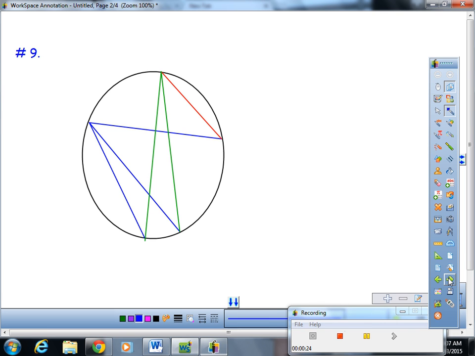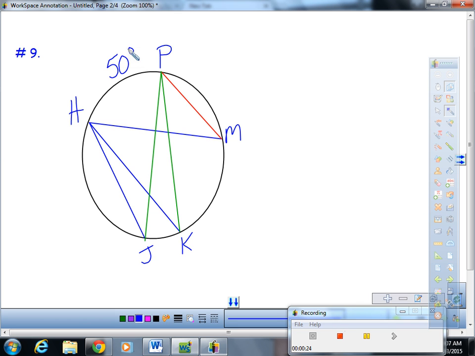Now we look at number 9. We know that it says HP is 50 degrees, and it wants to find the measure of angle HJP, HKP, and HMP.